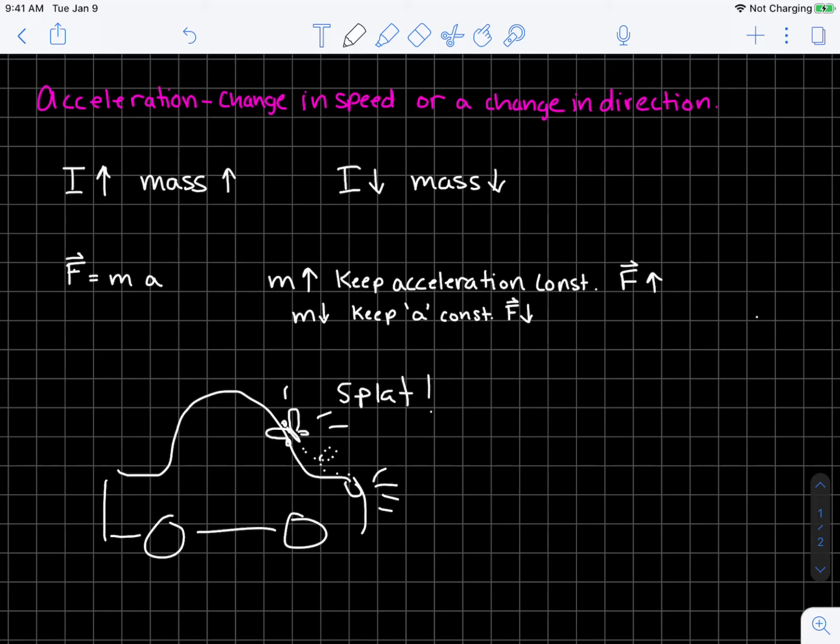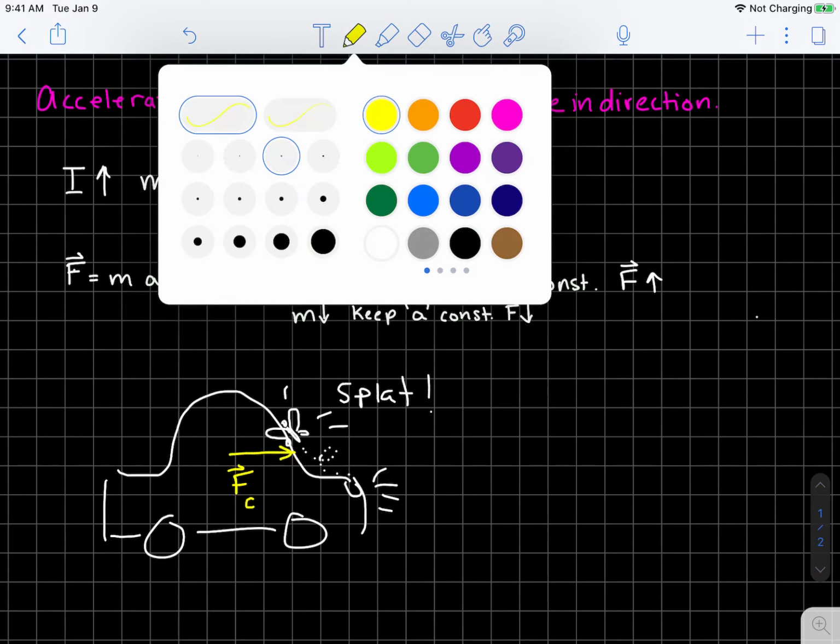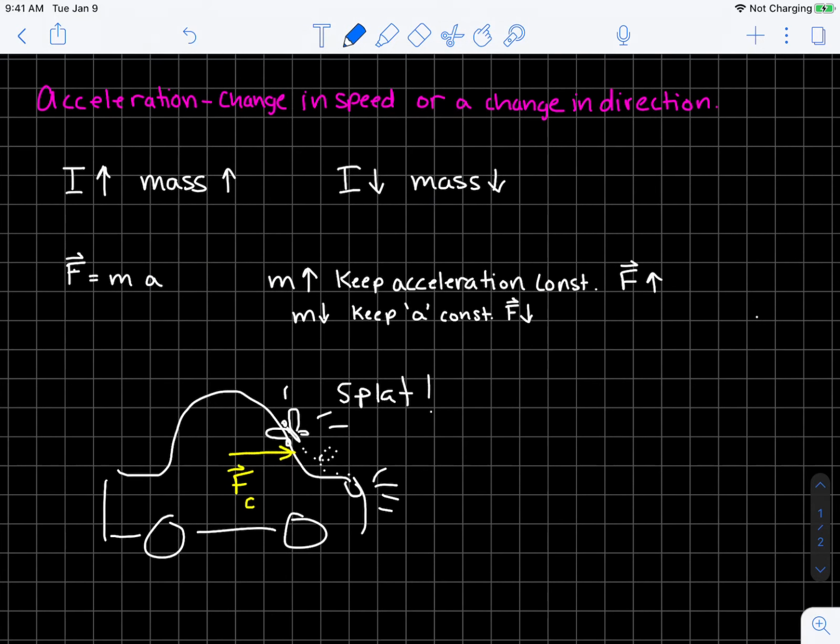But what is interesting about this story is that the force that the car applies to the bug, we'll represent that with this yellow arrow, the force of the car on the bug, so we'll say C for car, is actually the same amount as the force that the bug hits the windshield with. And I'm going to use Newton's second law to explain that.